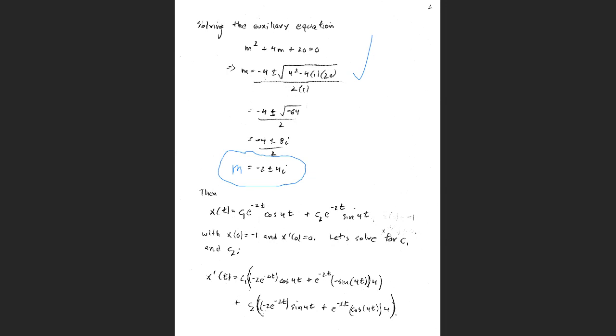M will equal -2 plus or minus 4i. And so this is what the general solution is going to be right here. Let me give you a moment to catch up. Let me know if you have any questions.